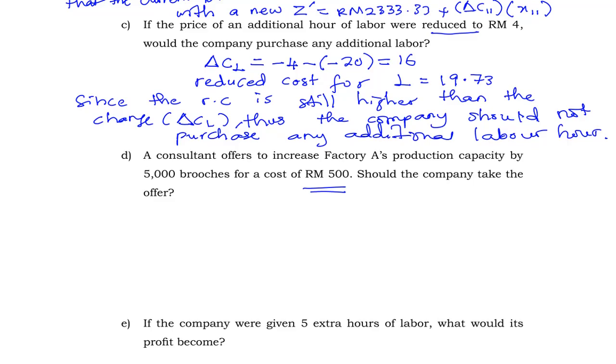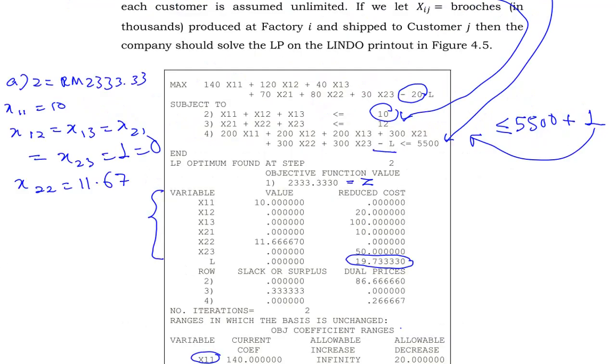Okay, part D. A consultant offers to increase Factory A's production capacity by 5,000 brochures for a cost of 500 ringgit. So you have an option to add 5,000 brochures for the first constraint. Initially, the capacity of Factory A is 10,000 brochures, right?